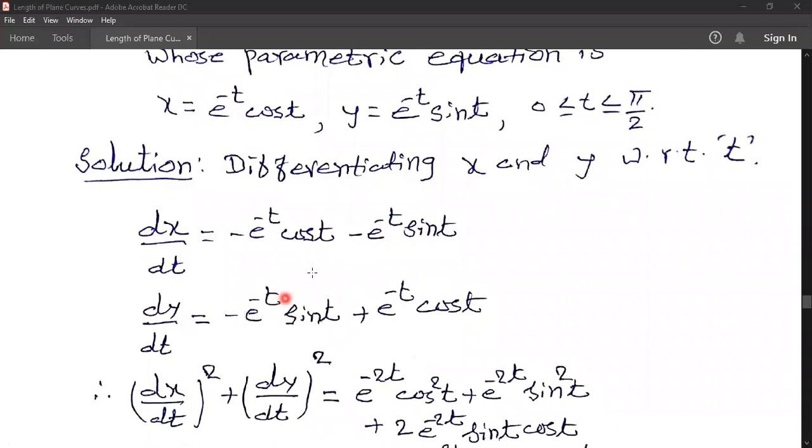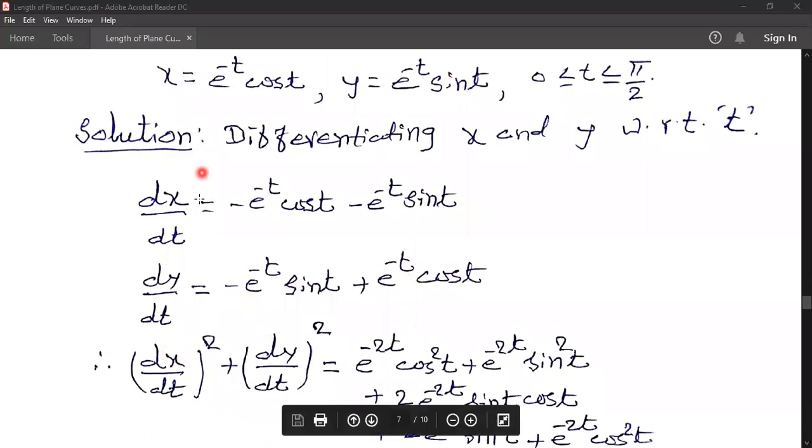Then dy by dt, similarly, the derivative of this, again using the product rule: minus e raised to minus t sin t plus e raised to minus t into cos t. Then squaring dx by dt and dy by dt, you get dx by dt square plus dy by dt square.